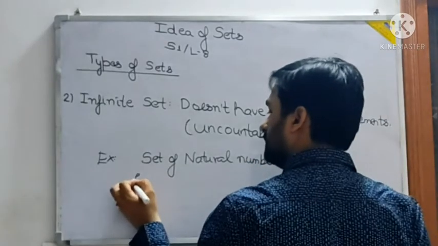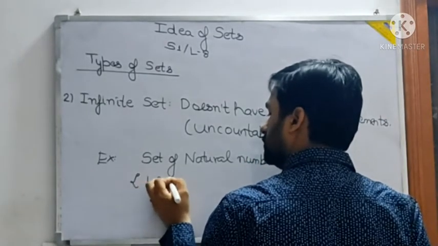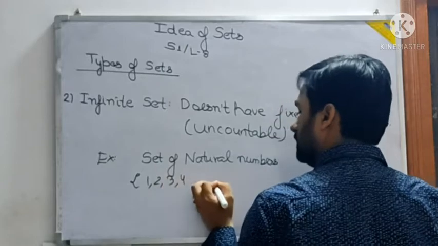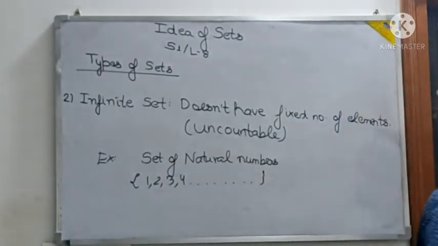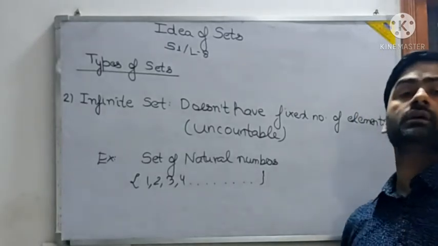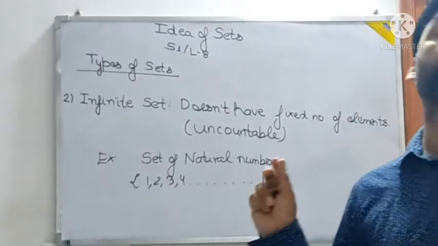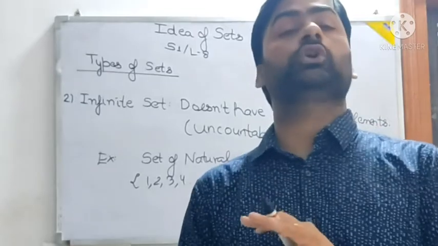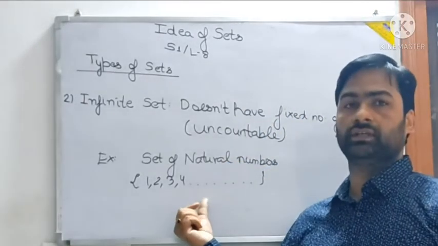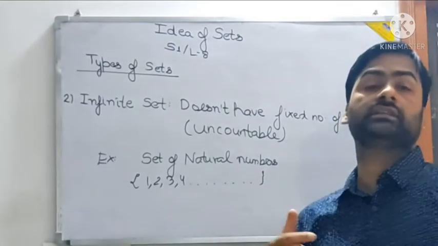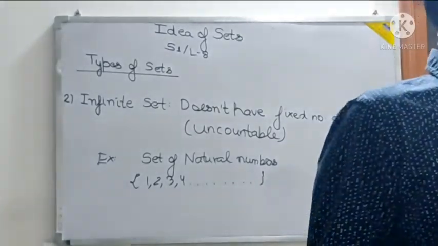What is this? 1, 2, 3, 4, dot, dot, dot. It will keep on coming like that. Means infinite set, infinite number of members. You cannot count the number of members. You can't say 4 members, no, 5 also is there, 6, 7, 8. So it will keep on going like that.